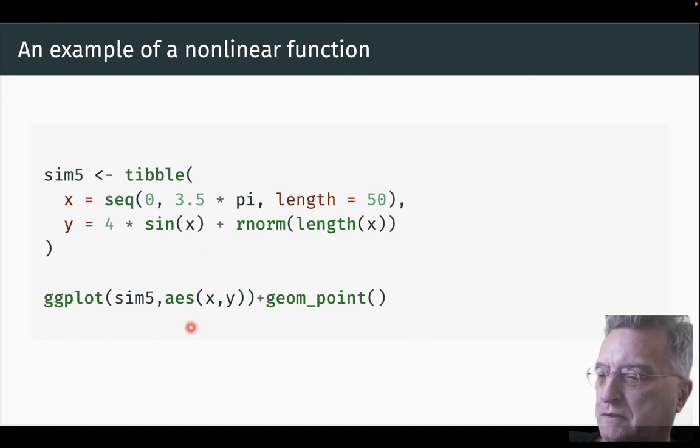And then I'm going to plot this along with a sequence of 50 points from 0 to 3.5 times pi for x, and then I'm going to add random normally distributed noise along a sine function. So this is going to have the characteristic sine curve that looks like that.